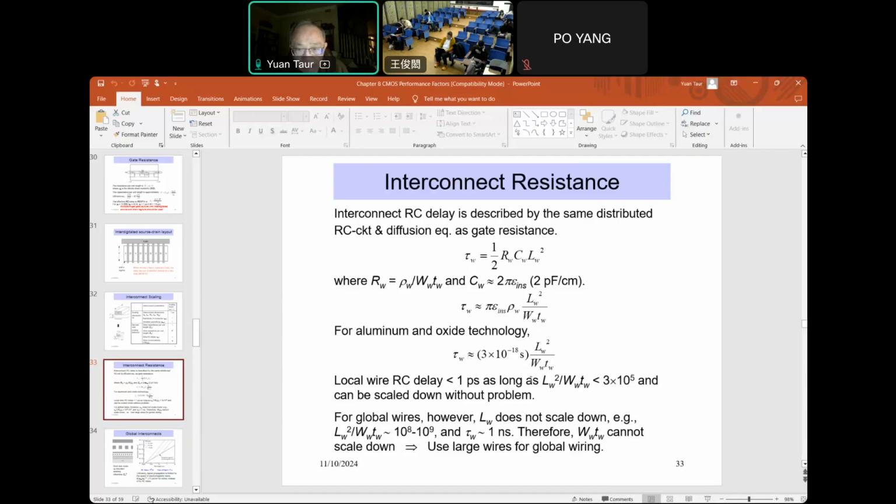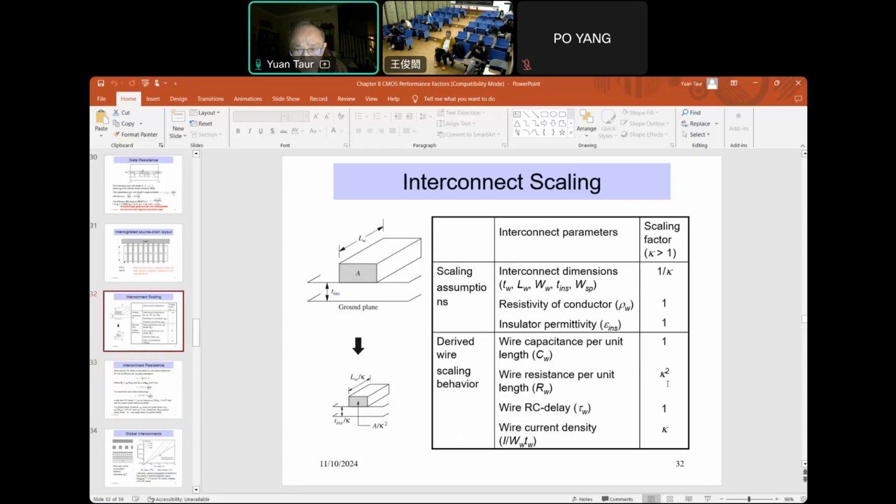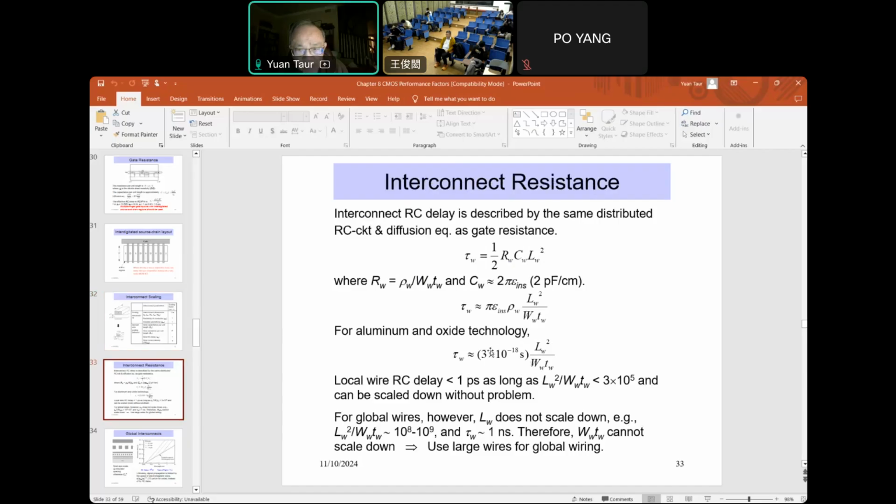So from this numerical estimate, even though we just showed that the wire resistance per length actually goes up, it's not a problem because it remains small as long as the wire is not too long.